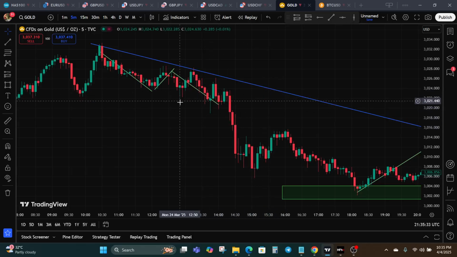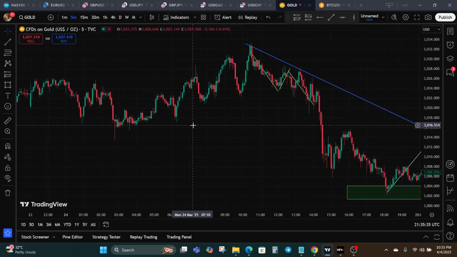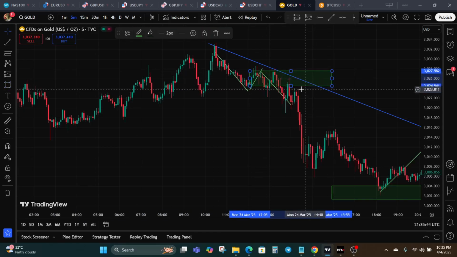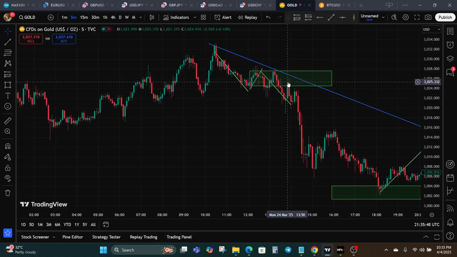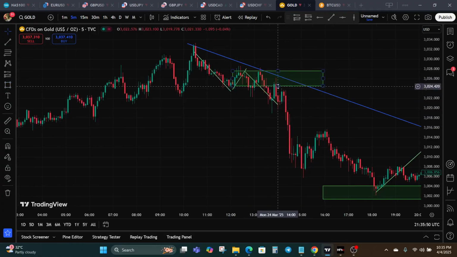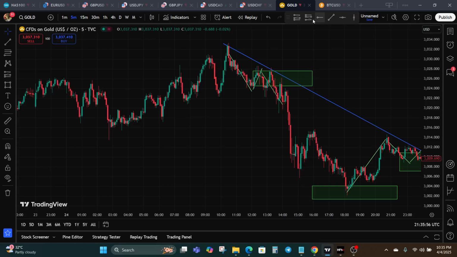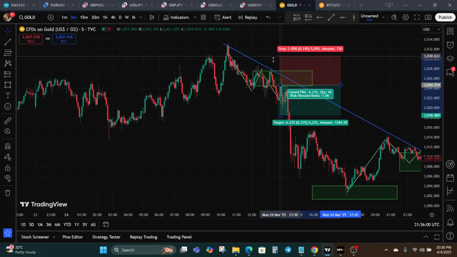All right? Imagine price eventually pulls back into that zone, wicks into it, shows a rejection candle, and boom, that's your short entry, right?